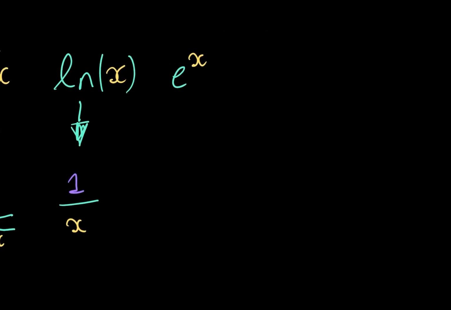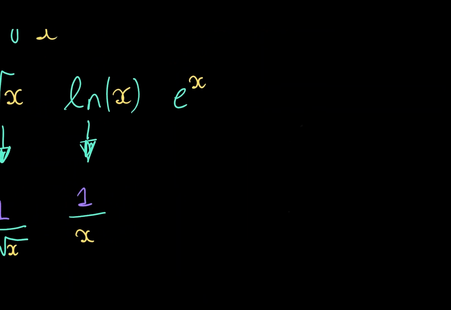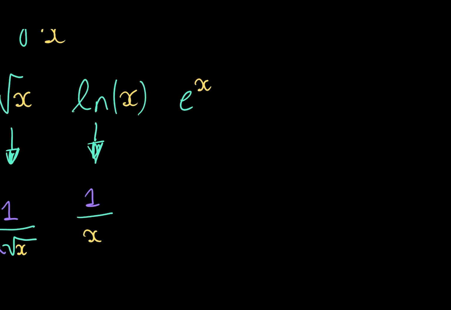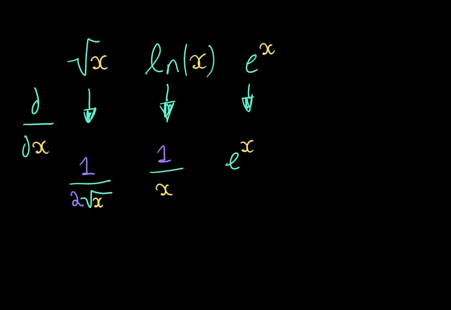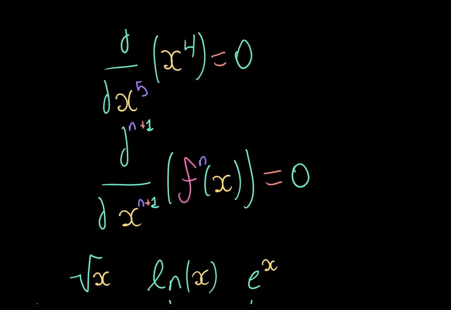And then e to the x just becomes e to the x. If you take the derivative, it's a famous identity. So let's keep it the same since it stays the same. And if we keep taking derivatives, it's preserved, it doesn't collapse to 0 like a polynomial.